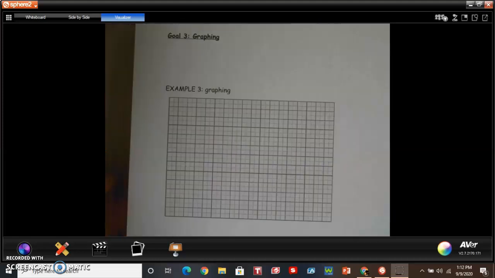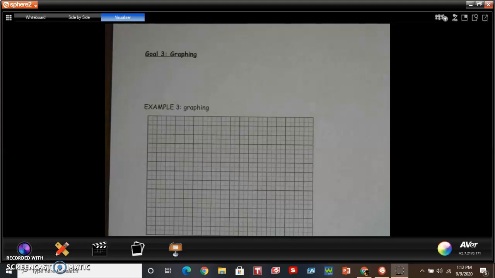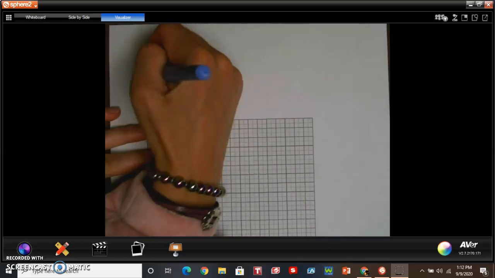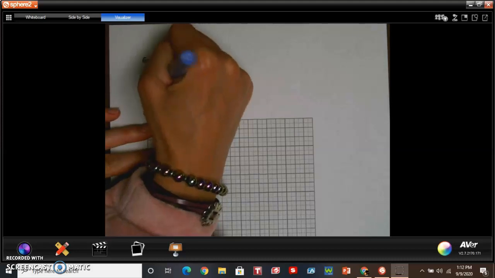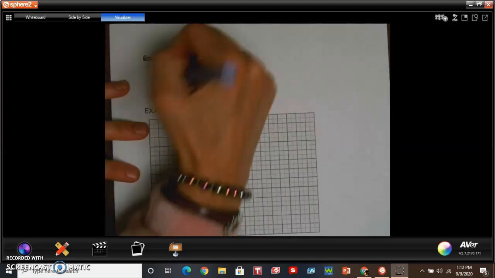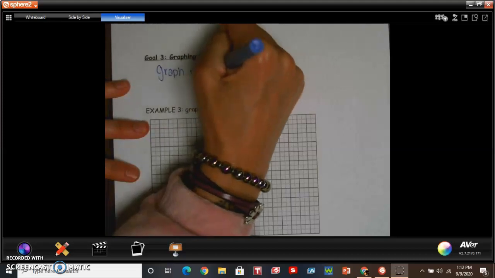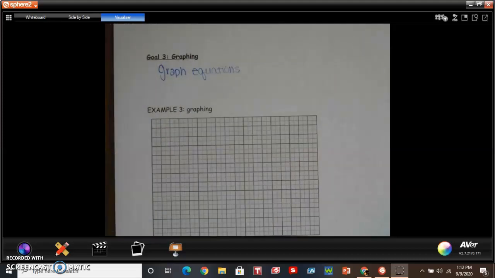All right, and our last goal today is to solve systems by graphing. So graphing means we're going to graph the equations. Oh no, it's running low. Let's get a different color.